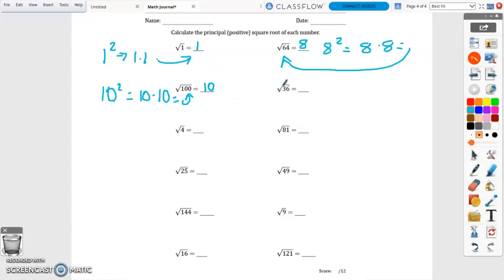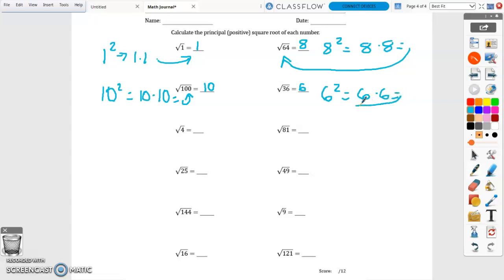Now, 36. Some of these problems may be the same as last time's, but some of them aren't. What is the square root of 36? It's going to be 6. Why? 6 squared equals 6 times 6: 6, 12, 18, 24, 30, 36.